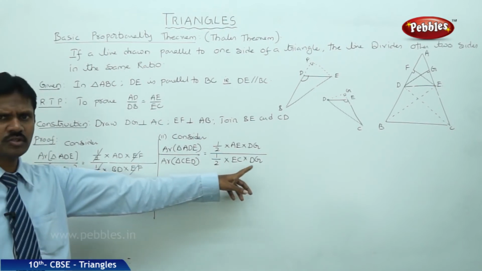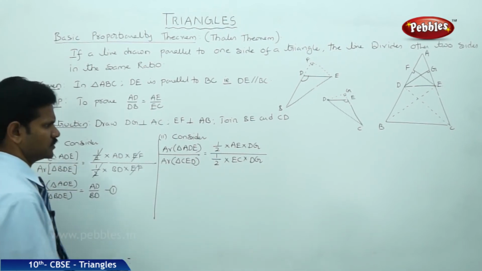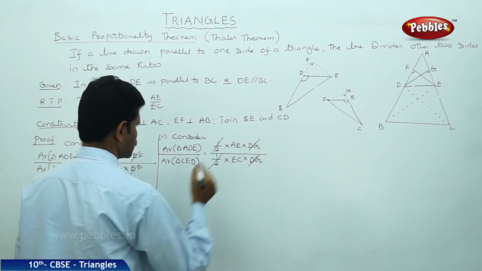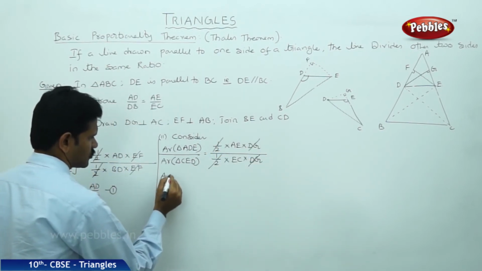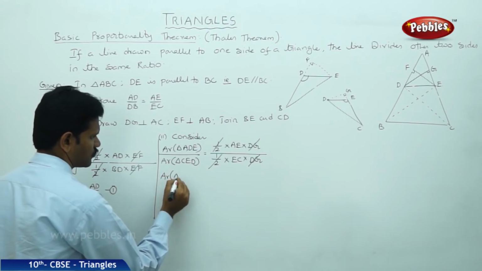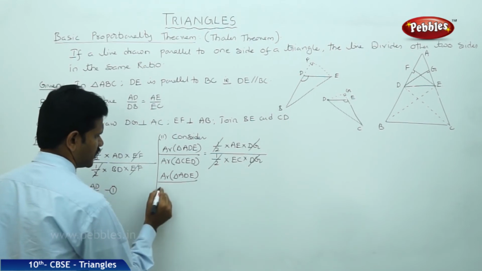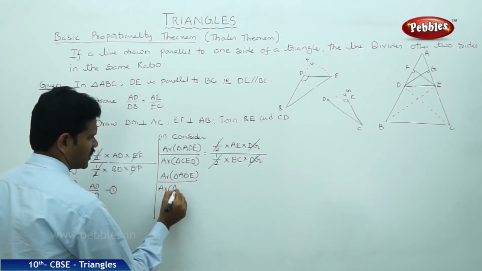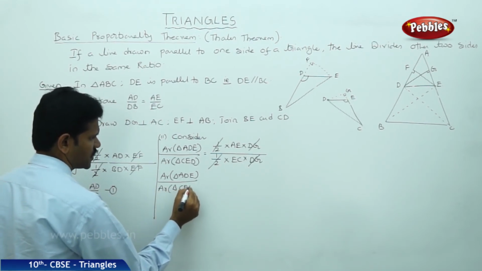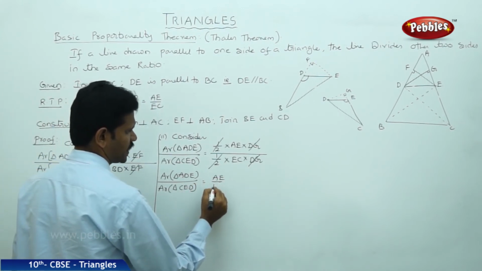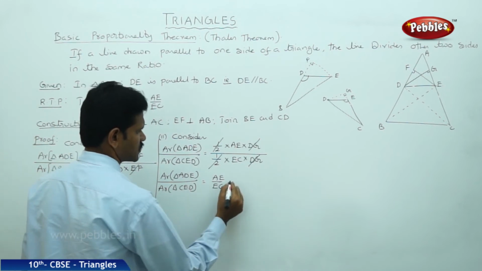Half into base into height: half gets cancelled, DG gets cancelled, that is area of triangle ADE by area of triangle CED is equal to AE by EC. This is equation 2.